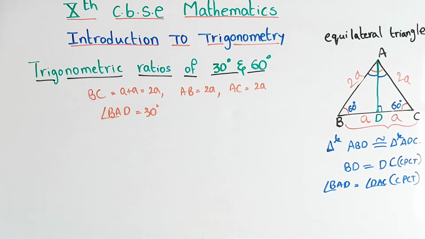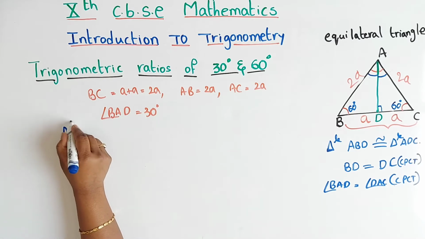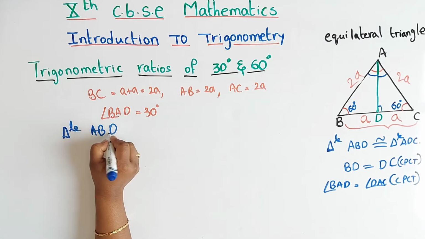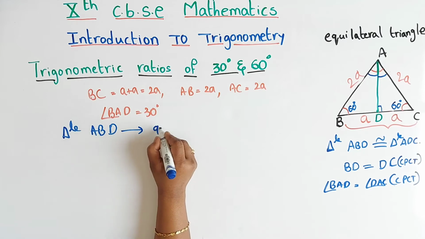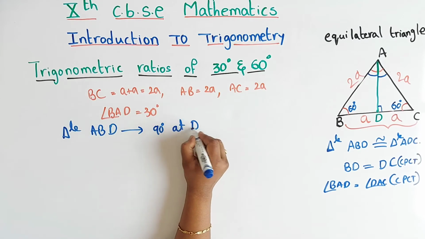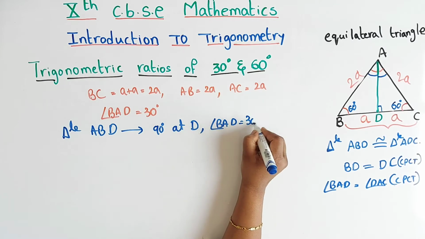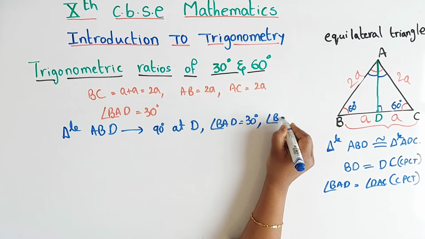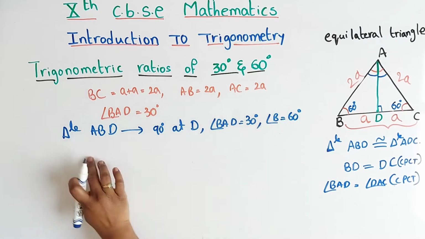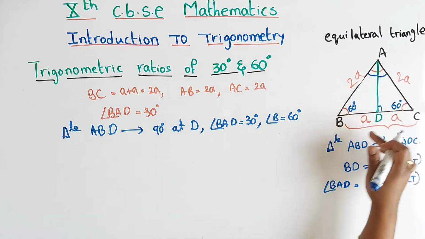Right, children? Now consider triangle ABD. 90 degrees at D, angle BAD equal to 30 degrees, angle B equal to 60 degrees. So these are the measurements for triangle ABD.